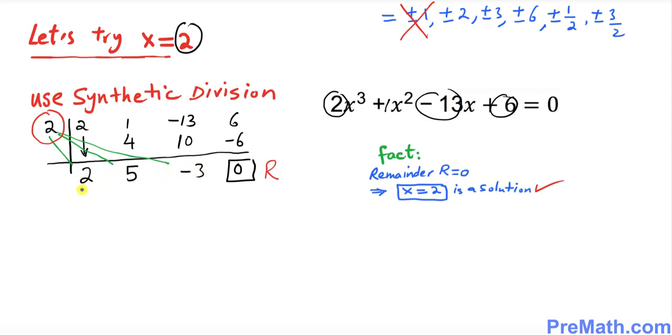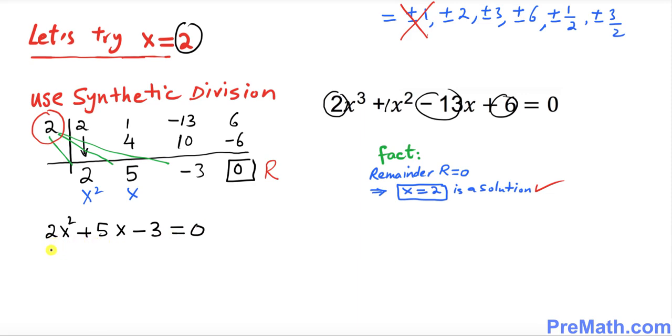I want you to put x squared for this one, x for this one, and this becomes a constant. So this could be written as 2x squared plus 5x minus 3 equal to 0, which is a quadratic equation.